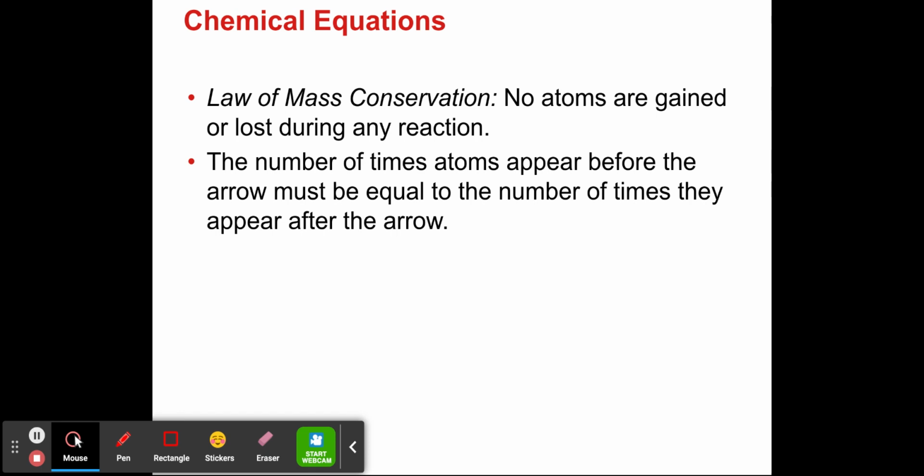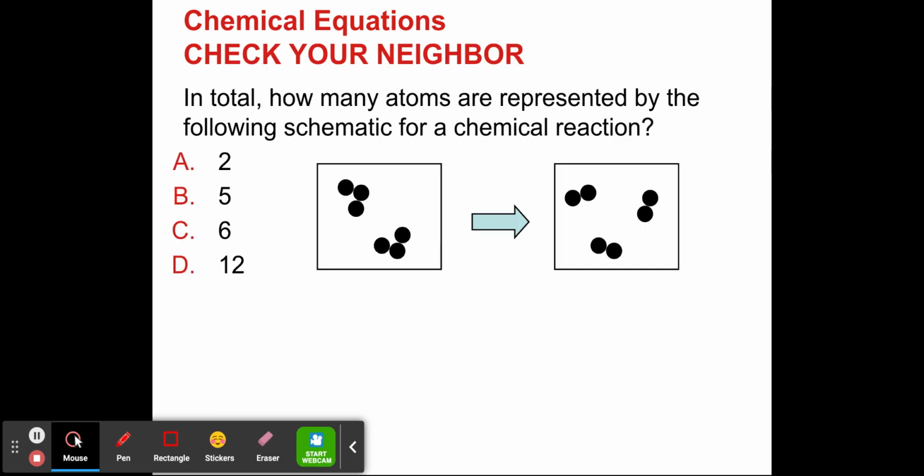So the number of atoms that appear before the arrow must be equal to the number after the arrow. So that is what the law of conservation of matter says. You cannot create or destroy atoms. The number and type of each atom is always going to be conserved at the end of the reaction.